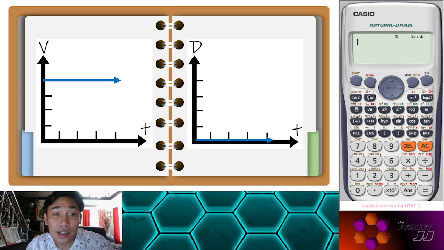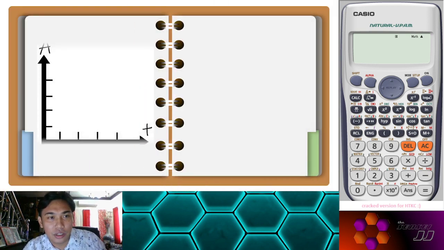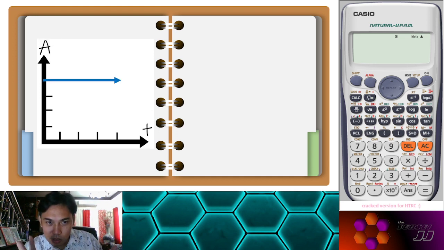Okay, so lastly, we have the acceleration versus time graph, and our object is like this.